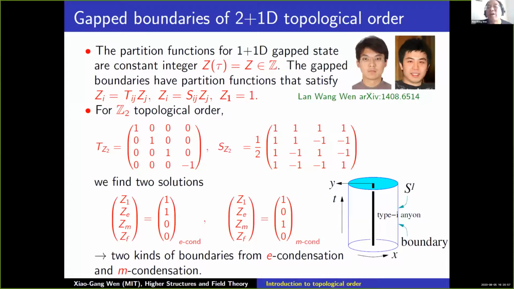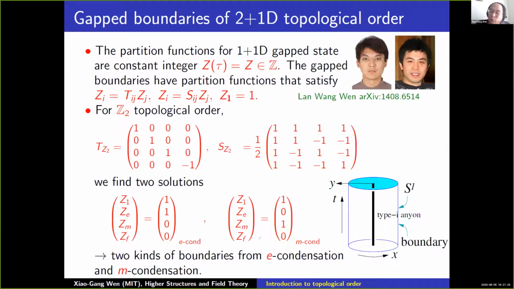So here we are talking about the categorical symmetry of Z2 gauge theory, or this Z2 quantum double. It has two representations, which are given by these two solutions. A gapped boundary is the simplest representation of this quantum double.